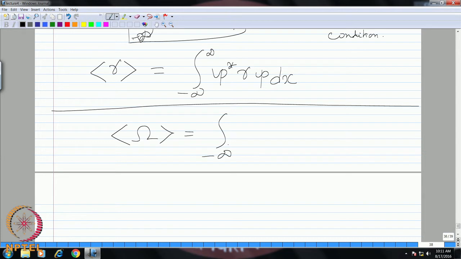This is always obtained as the integral from minus infinity to infinity of psi star omega psi dx, where omega could be the coordinate r vector, it could be the time, it could also be the momentum, and it could also be energy.